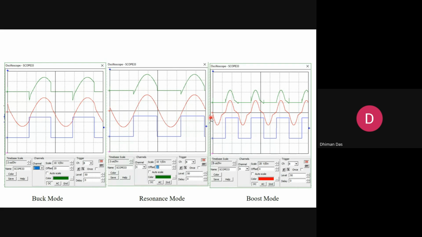We are using the parasitic energy to charge up the capacitor and damp this parasitic current towards the parasitic body capacitance. That means we are not adding any extra component. We are using that parasitic component of the circuit.